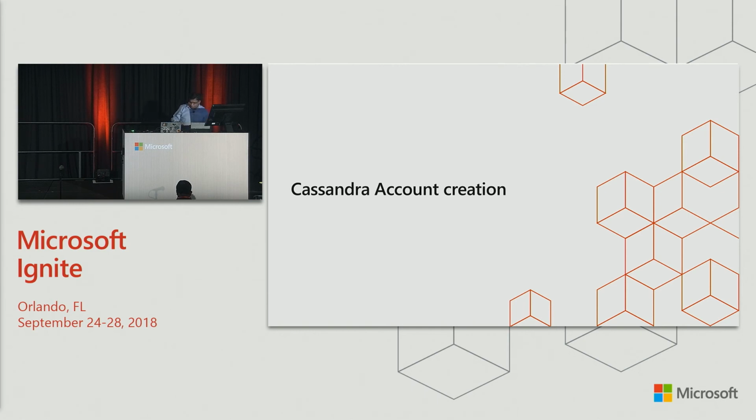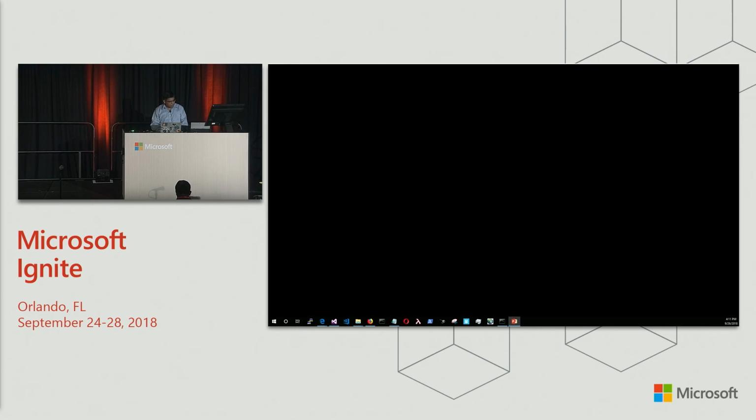Okay, so with that, I will do a switch here. There are two ways you can create a Cassandra account. One is, of course, using our portal, and I will definitely get into that.